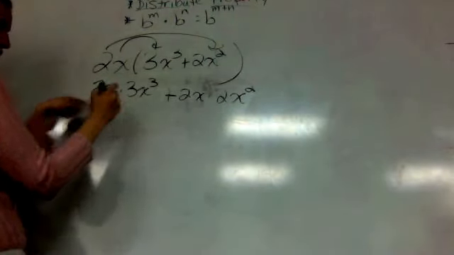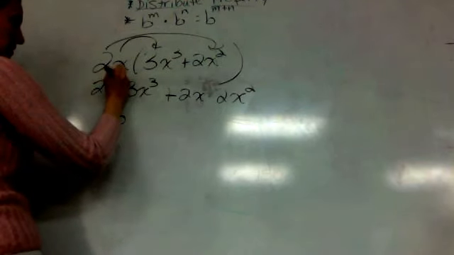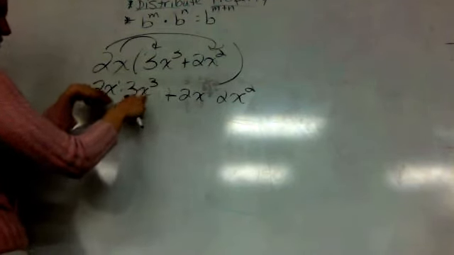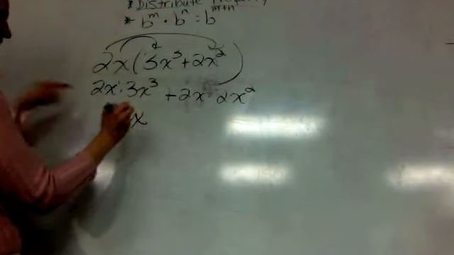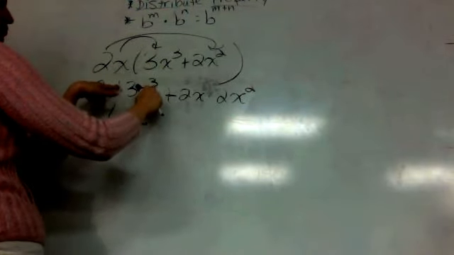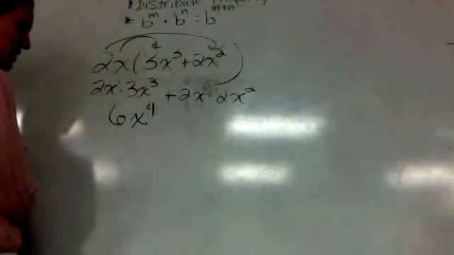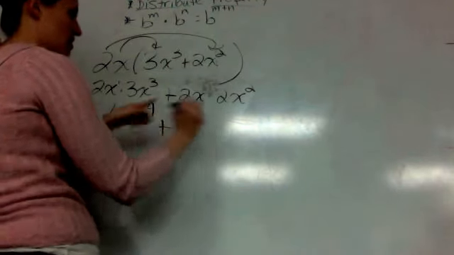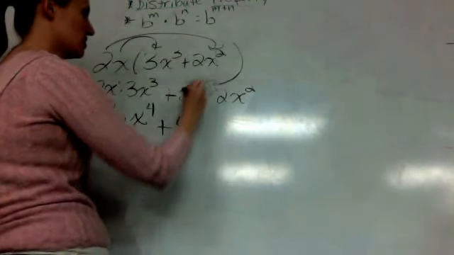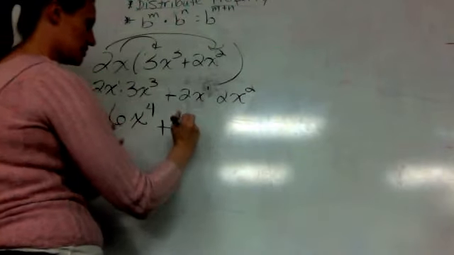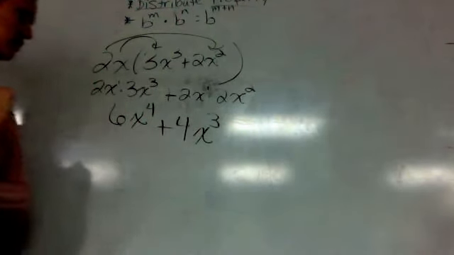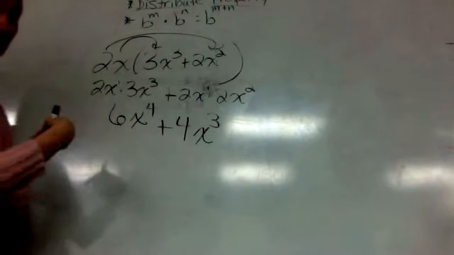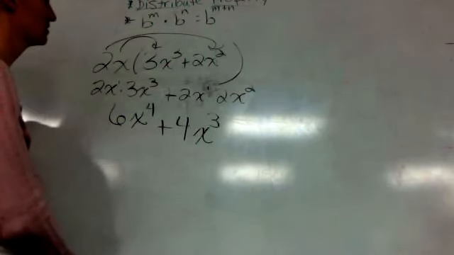Here, 2 times 3 is 6. Remember that this is x to the first. X to the first times x to the third means we're going to take x, and up here we're going to add our exponents. 1 plus 3 is 4, so that is 6x to the fourth. Here, 2 times 2 is 4. Again, that's x to the first times x squared is x to the third. And that is your final answer, because these are not like terms, so we cannot add them together.